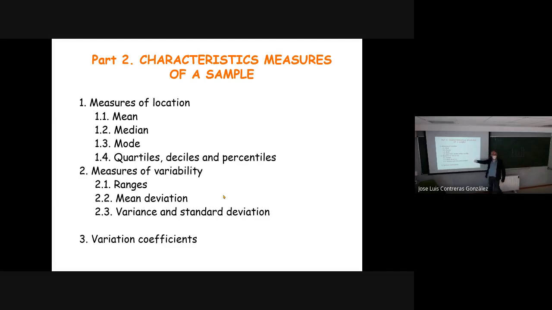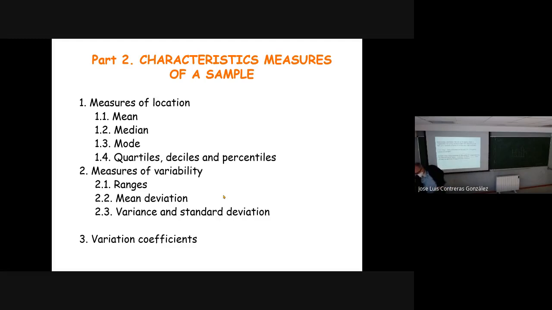Where is the mountain? More or less where the highest peak is, where the average peak is. And then measures of variability: how large is the mountain? And finally, we are going to say a word about the relation between both, between how high the mountain is and how wide it is.